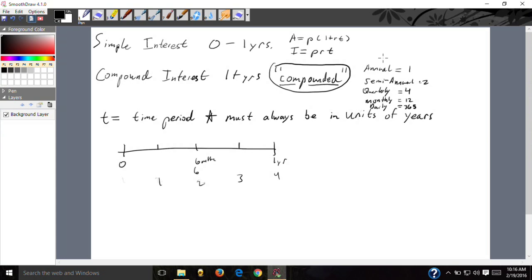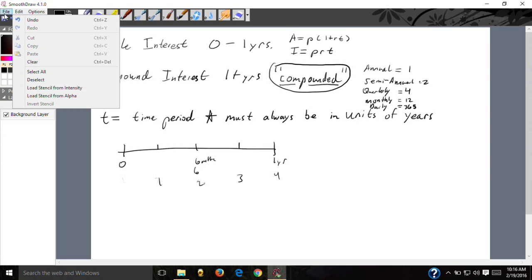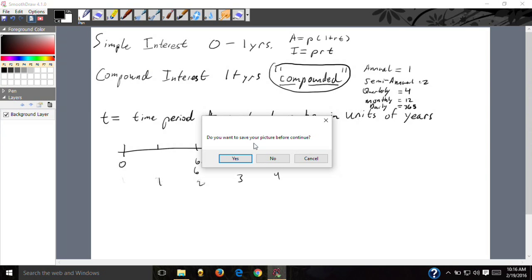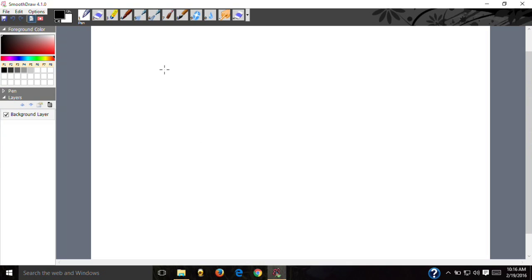So, how do I really use these equations? Well, let's go ahead and rewrite this. I'm going to say that our simple interest equation, I is equal to PRT.